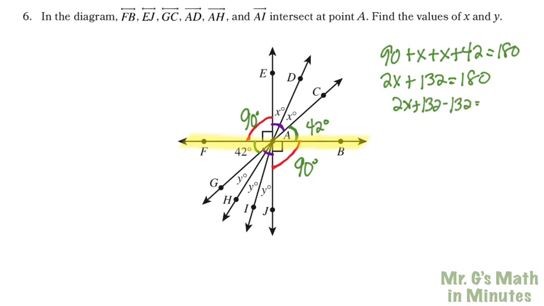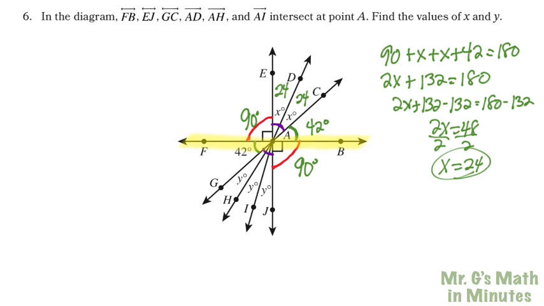Subtract 132 from both sides. 180 minus 132 gives me 48, and divide by 2. It's going to leave me with x is equal to 24. So I can go in and put this is 24, this is 24.